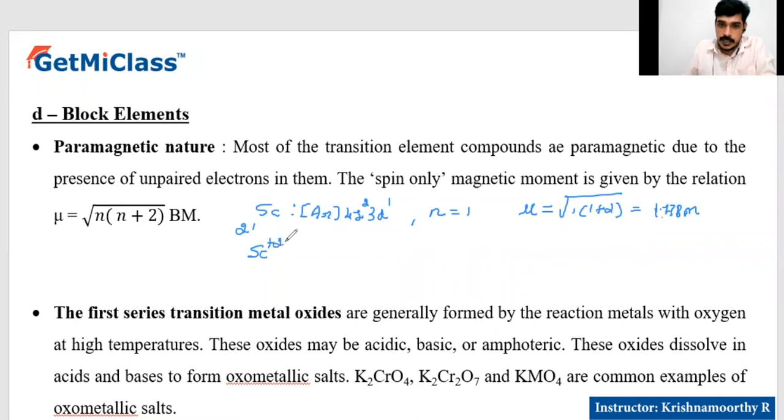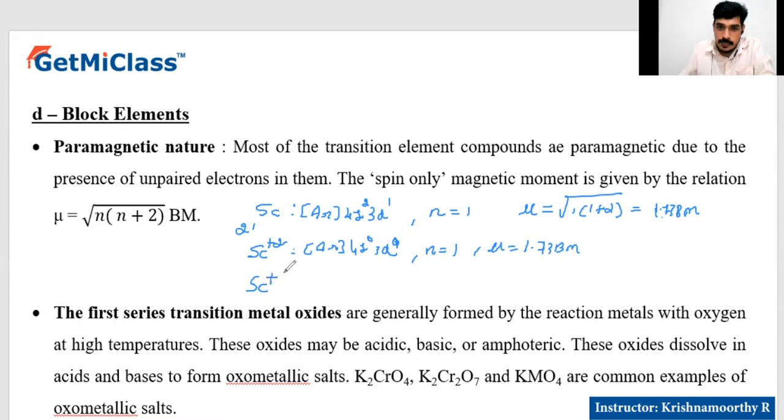If I consider Sc2+, here the configuration is argon followed by 4s0, 3d1. So n = 1, therefore the mu value is once again the same, 1.73 Bohr magneton.